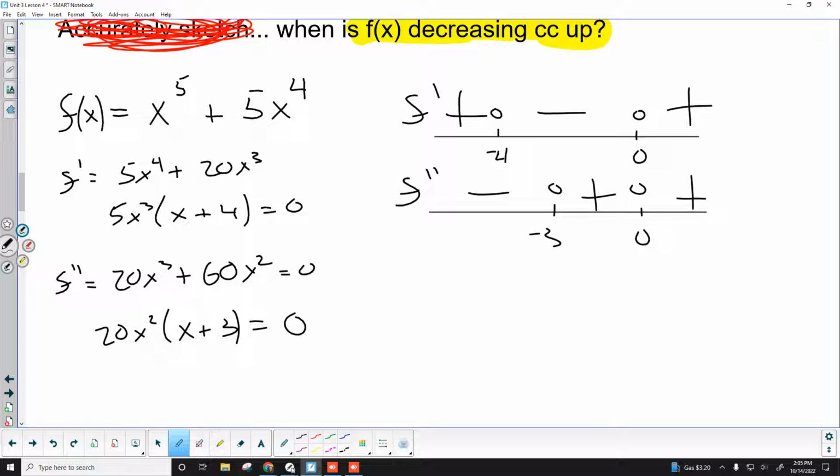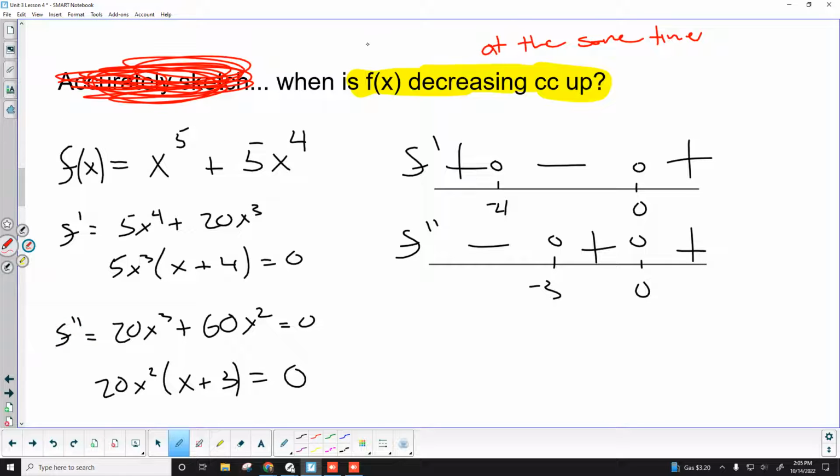Now, I saw some of us go to the next line and do shapes of F. Some of us just looked at this and knew what we needed to do. F is decreasing when F prime is negative, so you paid attention to this interval.